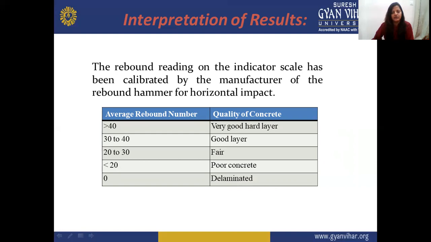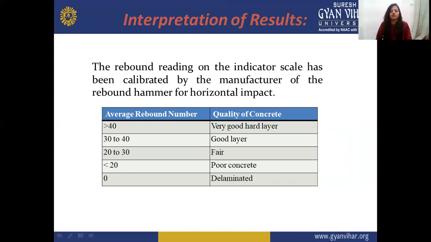If the average rebound number is greater than 40, it is considered a very good hard surface. If the rebound number is between 30 and 40, it is a good layer, fair enough in strength.